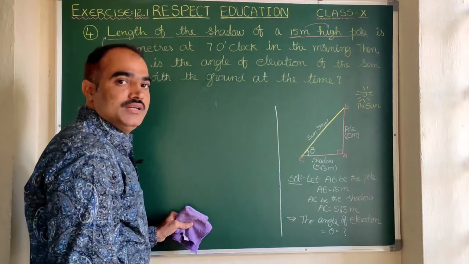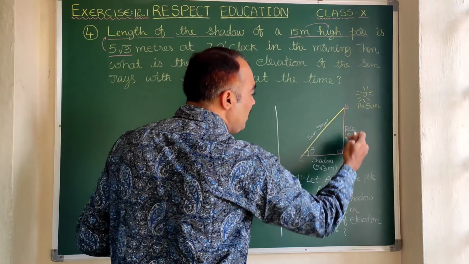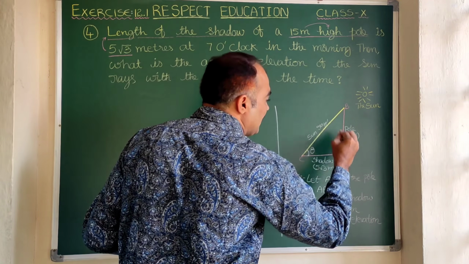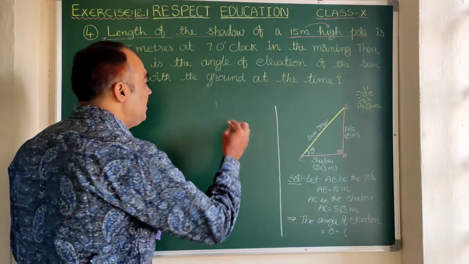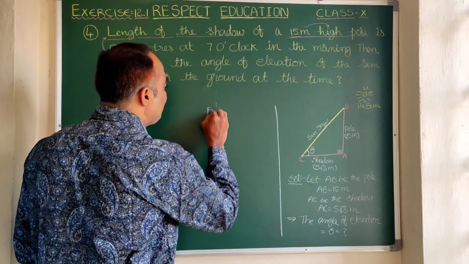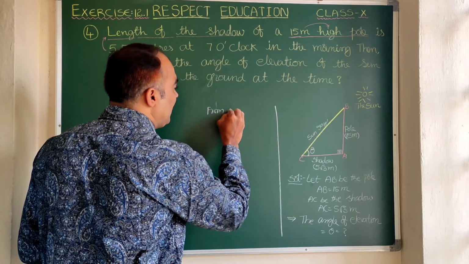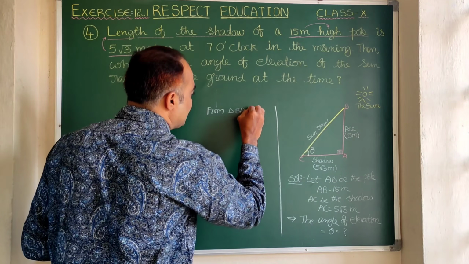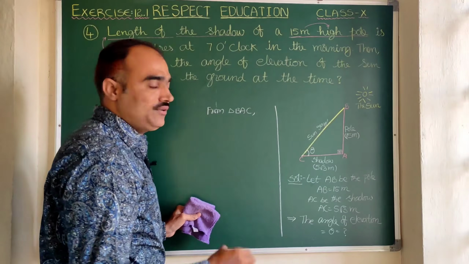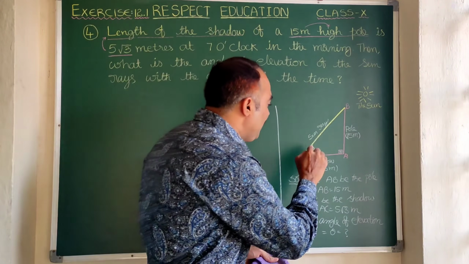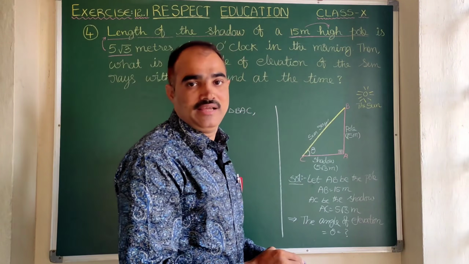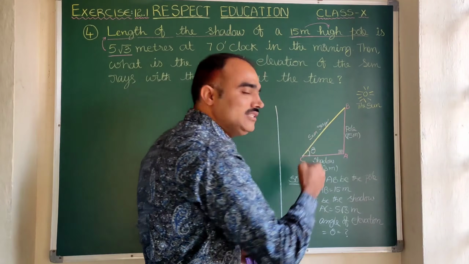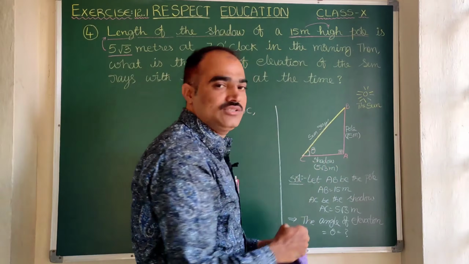Right. So as you know, the pole and the earth both are perpendicular to each other. So here we get again a right angle triangle. From triangle BAC, here we need to understand that we are in need of theta, whereas known values are for theta opposite side is known and adjacent side is known.